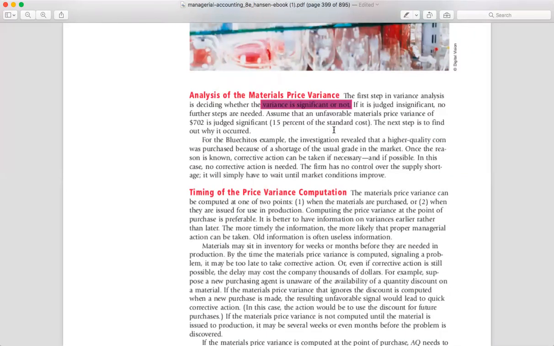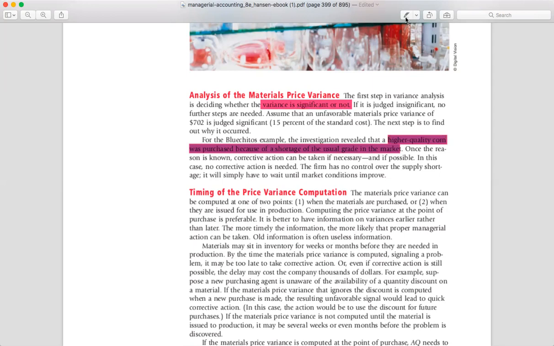The next step is to figure out why it happened. The investigation in a company like Blue Cheetos revealed that higher quality corn was purchased because of a shortage of the usual grade in the market. So they pay a higher price because they need high quality, but the quantity of that corn is very limited in the market.